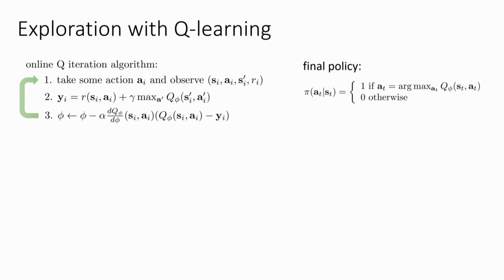Any other hypotheses about why we may or may not want to use this particular policy in step 1? Yes, over here. You might not explore very well. So this is a deterministic policy. Remember, when we were doing policy gradient, we had a stochastic policy.